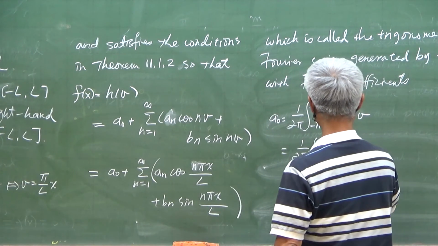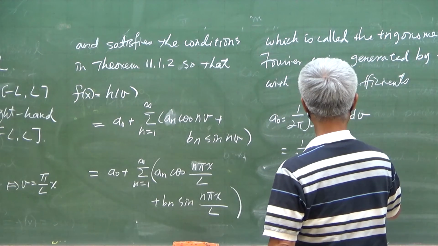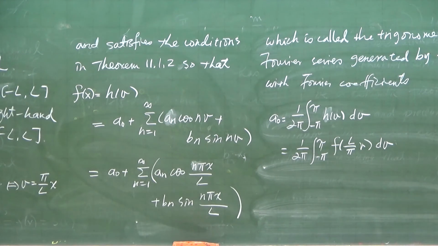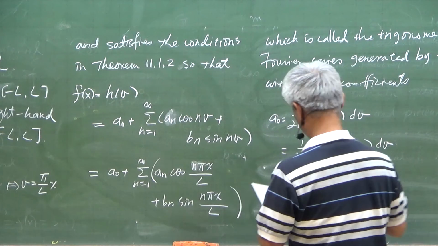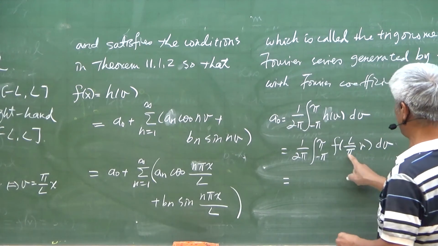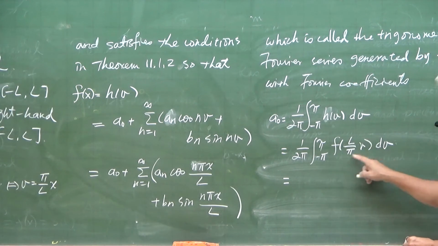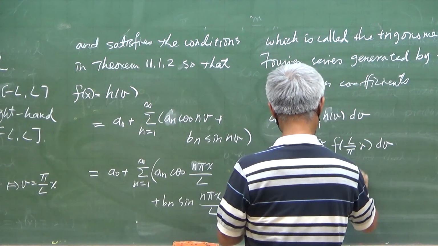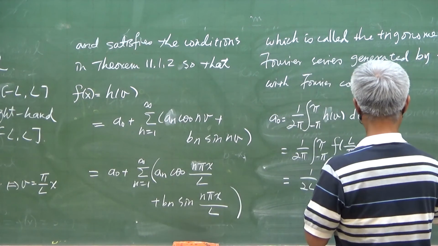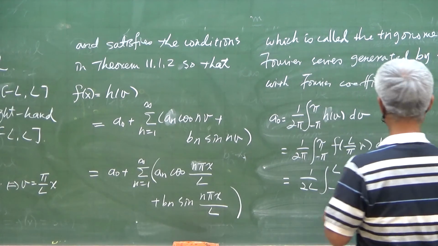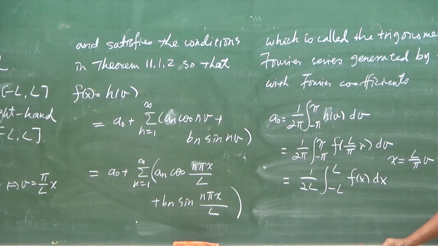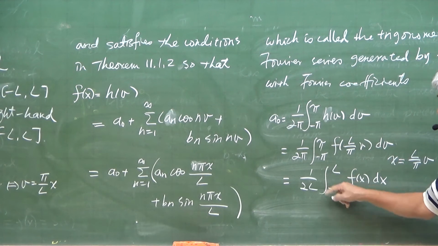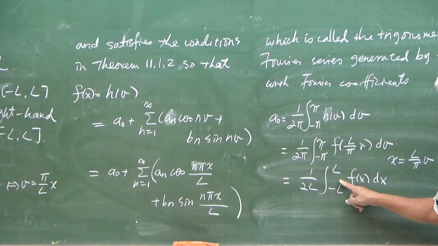But h of v dv is f of L over pi times v dv here, and by substitution this is equal to x, so we have 1 over 2L times the integral of f of x dx. So we can come back to here. So a0 actually is 1 divided by a period, and we integrate f of x over 1 period.